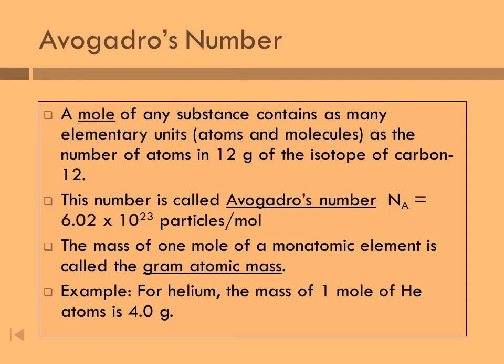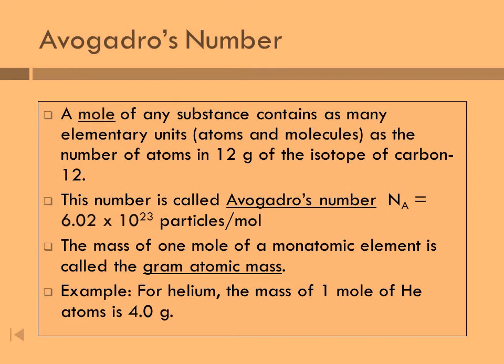Now, what do you mean by gram atomic mass? It is the mass of 1 mole of a monoatomic element, it can be diatomic also. Mono means a single atomic element, as we discussed in the first or second slide. For example, the mass of 1 mole of helium atoms is 4 gram. Why 4 gram?